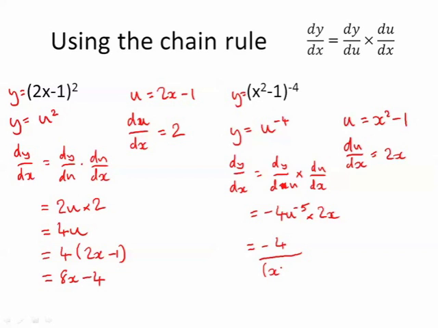And I'm going to switch out u for x squared minus 1 to the power of 5 again, times 2x, which is minus 8x on (x squared minus 1) to the power of 5.